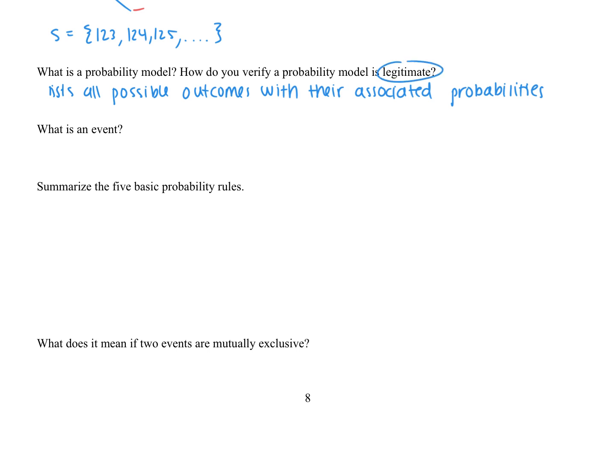And in order for it to be legitimate, those probabilities are going to add to 1, like our first table did. All of them together have to add to 1.